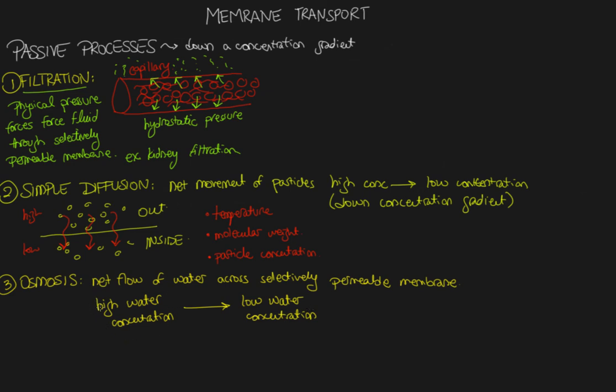So it's going to move from an area that is more watery, and this is also going to be the area with less solute dissolved in the water, to the area that is less watery, or less watery means more solute concentration. So this is the direction of osmosis.